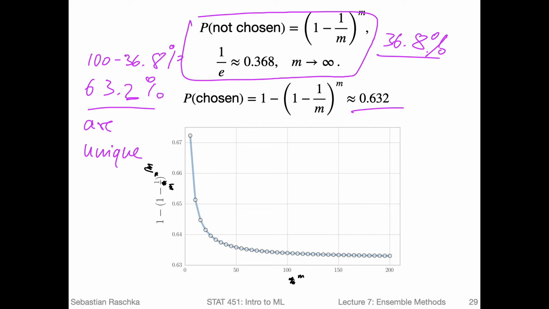So if m becomes really large and approaches even 200, we can see that we approach this 36.8% pretty fast. So I would say 200 is maybe the point where we can say that approximately only 63.2% of the data points in the bootstrap sample are unique.